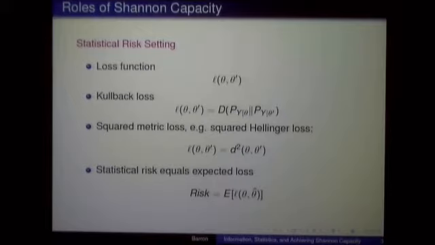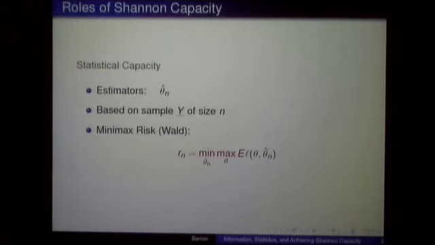And the Wald statistical risk of a procedure is the expected loss. That depends on your procedure, and it depends on the parameter. And the minimax risk of Wald is the value associated with that procedure that would minimize the maximum risk over the parameter set.